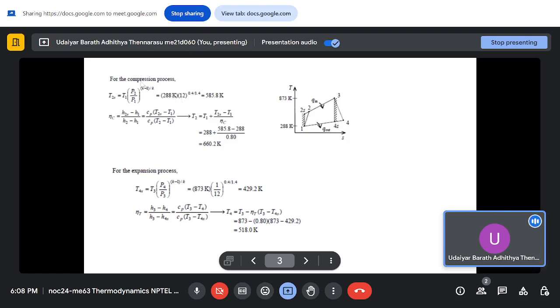We know the pressure ratio is 12, and your inlet is 15 degrees Celsius, so 15 plus 273. From there we find that your temperature during isentropic compression will be 585.8 Kelvin. Now we know that your compressor efficiency is 80%. So you can write compressor efficiency as your minimum work.